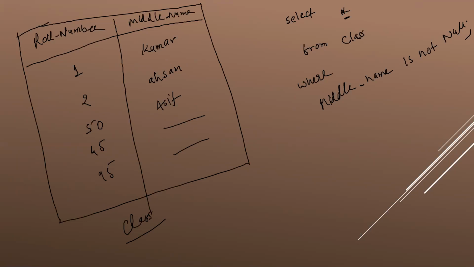No problem, Mohit. Where middle name is not null. So star means select every. First of all, Mohit, your problem is solved. Not yet. Please give me one minute. Just hide.